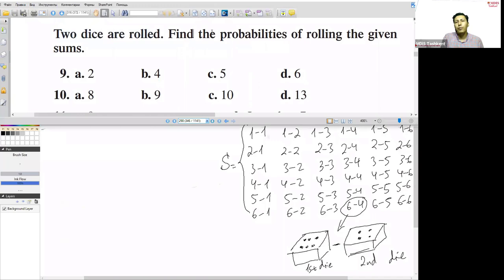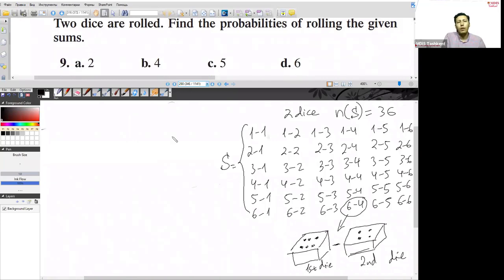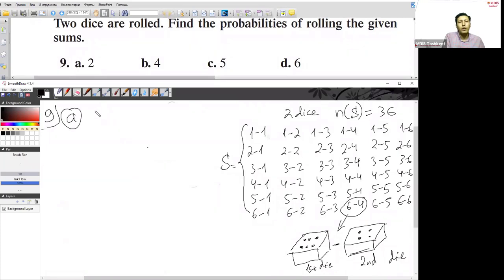Now find the probabilities of rolling the given sums. Okay, so number 9A, find the probability of rolling sum equal to 2.